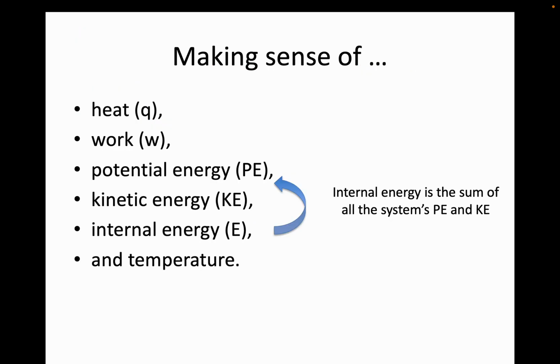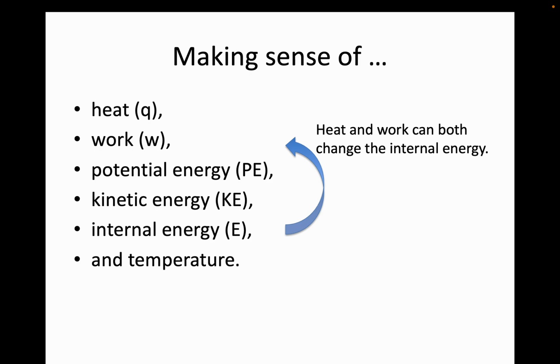So we've covered a lot of ground so far. We've looked at the internal energy and how it describes all the potential energy and kinetic energy for all the particles. We saw that we can change the internal energy two different ways, due to heat and work.